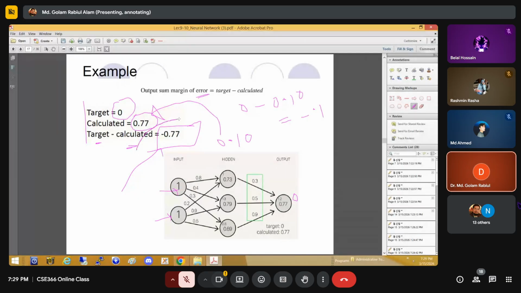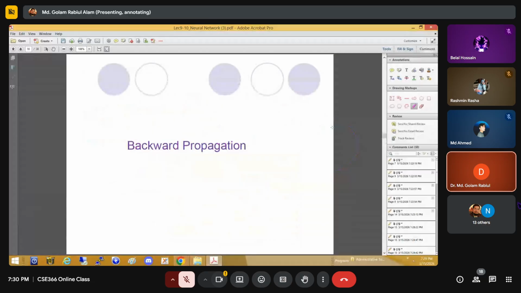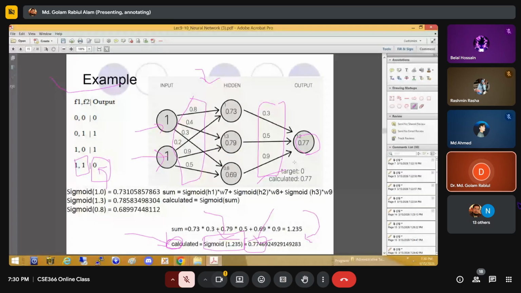So this is negative 0.77, but this is negative 0.1. So that means this is minimized, kind of. Error is reducing. Okay, this is reduced error. So therefore, we have to change our sigmoid value.